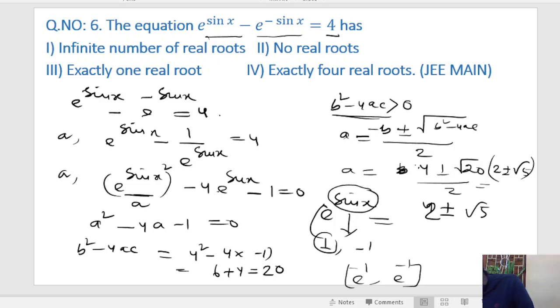Let's check, and we see that the function takes values from e minus 1 to e plus 1.